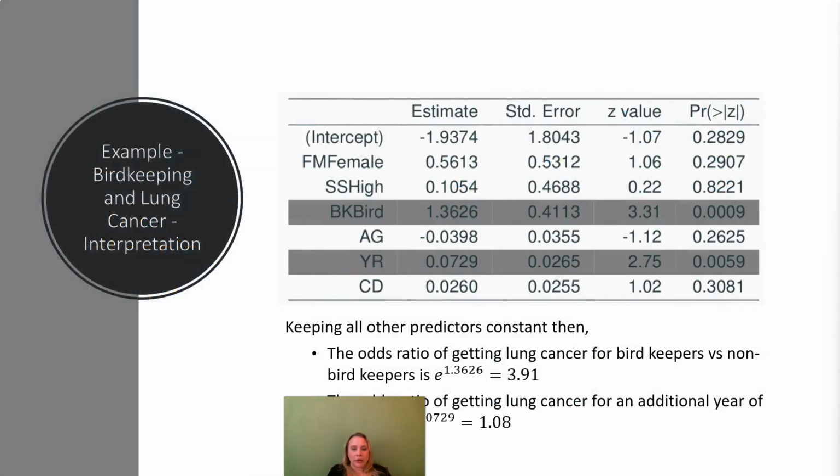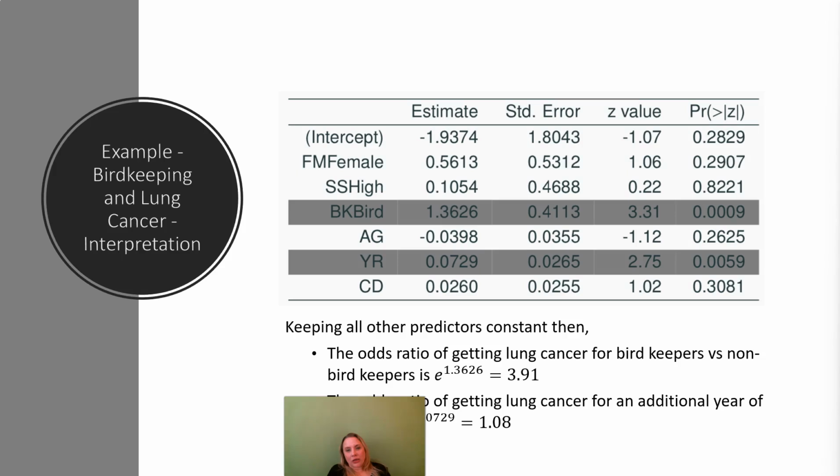Then, when we look at our output, we see that if we kept all of our other predictors constant, then the odds of getting lung cancer for bird keepers versus non-bird keepers is taking that estimate for bird keeper and exponentiating it to get 3.91.